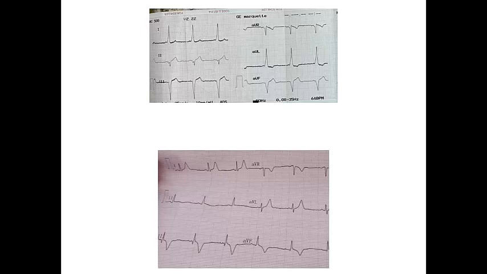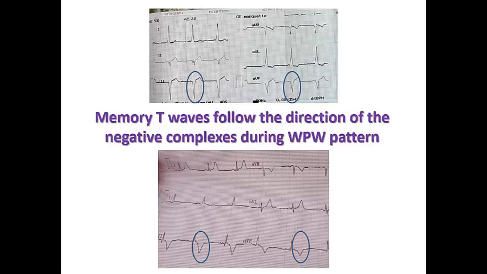And if we focus here, we can see that the patient was having negative complex in lead 3 and AVF during manifest pre-excitation, and then after restoration of normal sinus rhythm and normal conduction in the AV node, he's having negative memory T waves as he remembers the negative complex in lead 3 and AVF. So memory T waves here are following the direction of the negative complex during Wolff-Parkinson-White pattern.